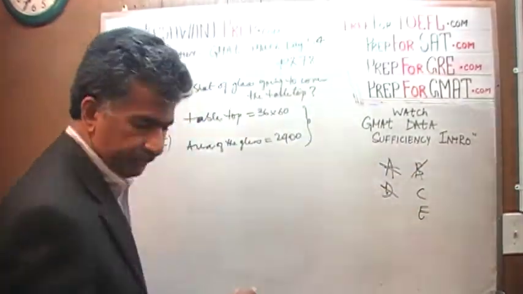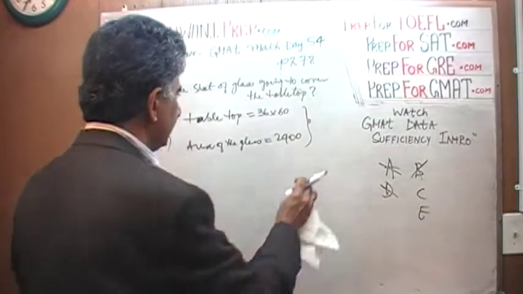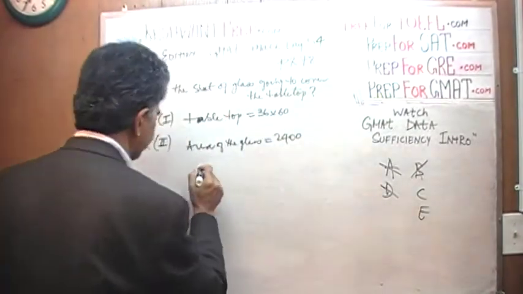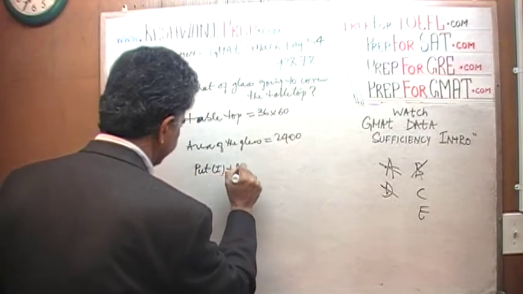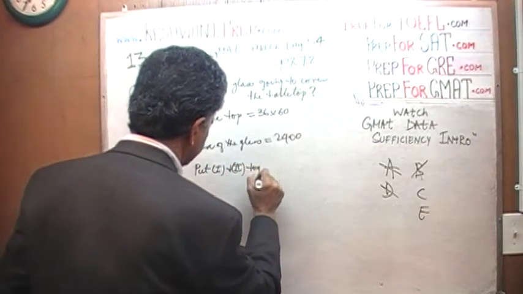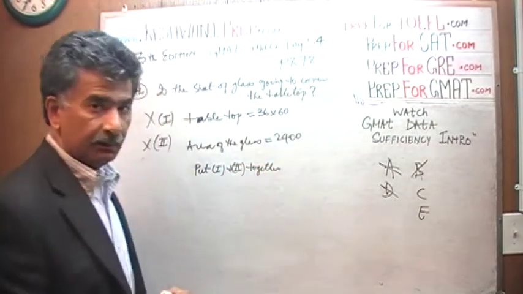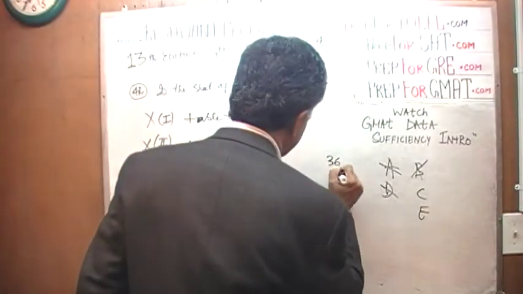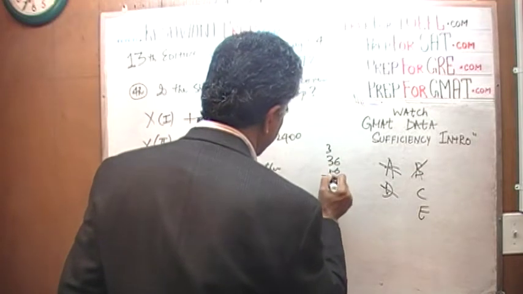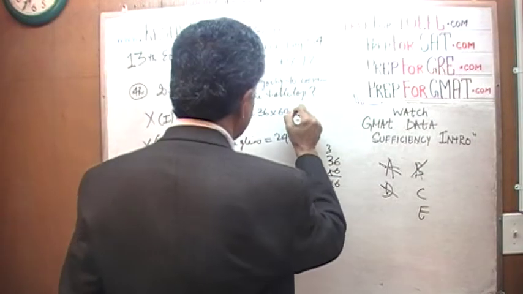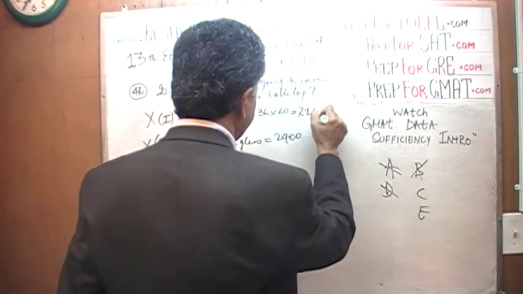If we put them together, what we find here is that 36 times 60: 6 times 6 is 36, carry 3, 18 plus 3 is 21, so this turns out to be 2160.